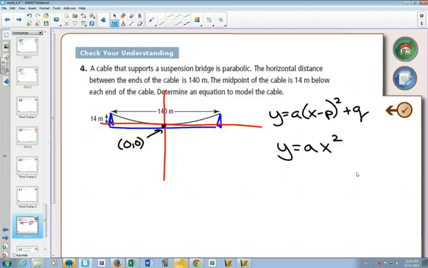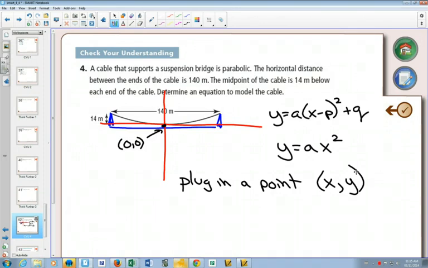So the only thing we have to find in order to make this an equation is the value of A. Do you remember in a previous example how we found A when we didn't know it? If we could plug in a point, right? You plug in something for x and something for y, then the only thing you wouldn't know is A, and you could solve for A.